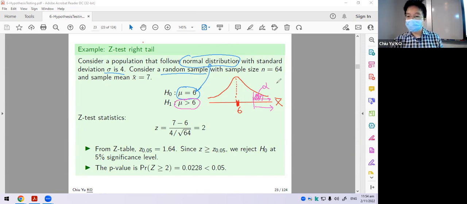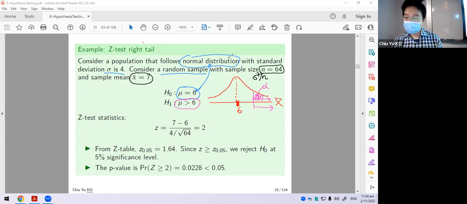And then the problem is, we collect the data, which is X bar 7 and N is 64. Because of normality, the variance of this is sigma squared over N. Because for a bell curve, you need to specify the mean and also the variance, so you know exactly this one.